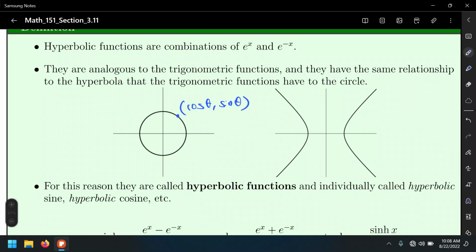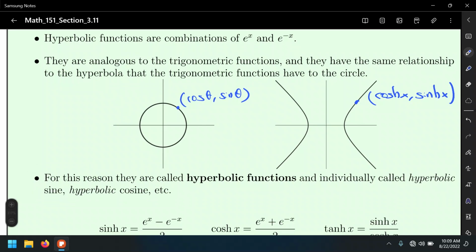Now, for hyperbolic functions, it's going to be a very similar relation, but in this case we are not relating points around a unit circle, but rather points along the unit hyperbola. What do we mean by unit hyperbola?